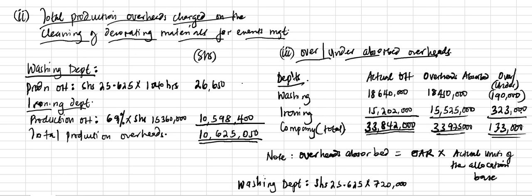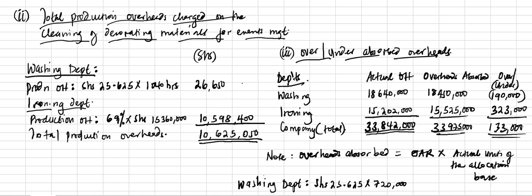The washing department's 190,000 will be treated as an expense, that is under recovery of the production overheads. But of course, we can take the net income of 133,000 as a credit to our profit and loss account.